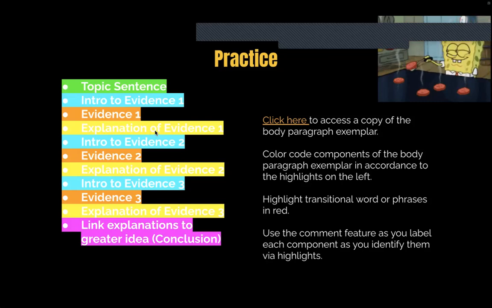And then you explain how the evidence connects with the point that you're discussing in your topic sentence and reflects the thesis statement. And then typically you would repeat this process with additional pieces of evidence. Such as you could do 1 or 2 additional pieces of evidence, but for the sake of time, we're just going to do 2, okay?